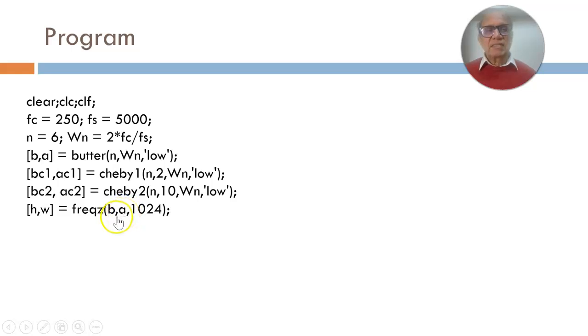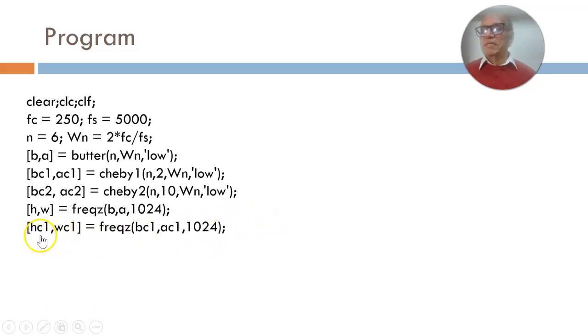But now in this case, since it's an IIR filter, the A coefficients are obtained by using the appropriate MATLAB function here. So this is available. So you now obtain the magnitude response. H is actually a complex function of the frequency. So it will return H as well as W.